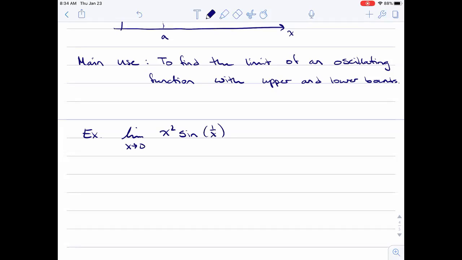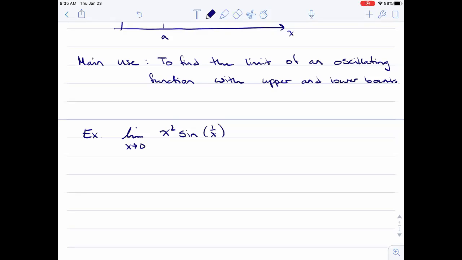As soon as you see the sine or cosine, you can probably think squeeze theorem, or at least try it. Usually it'll just say use the squeeze theorem to find this limit, just pointing in the right direction. But we know how sine and cosine behave.